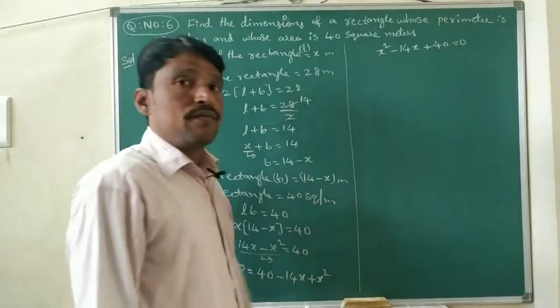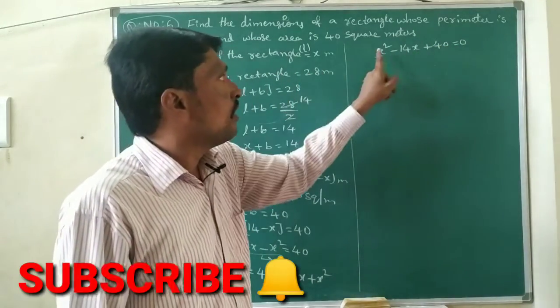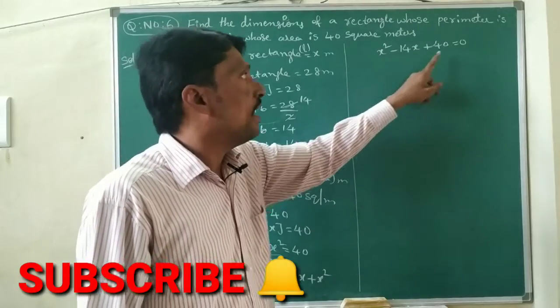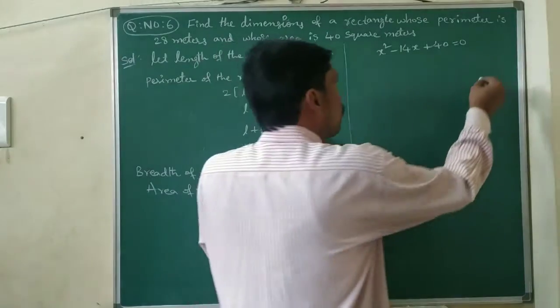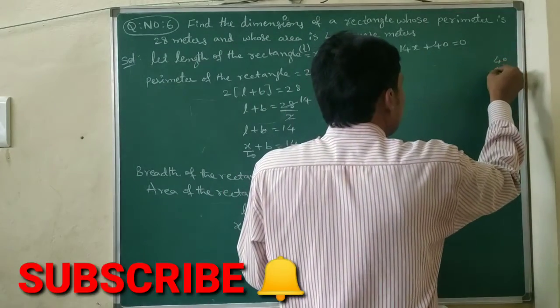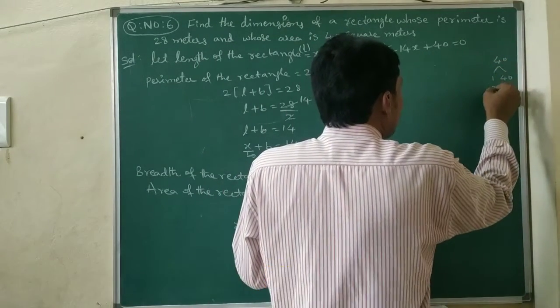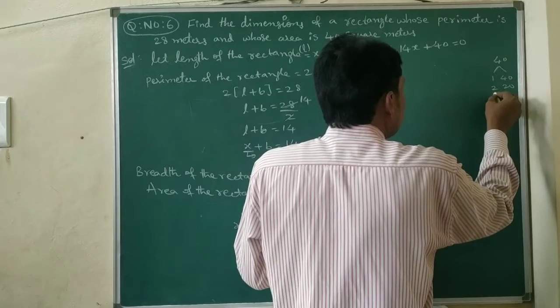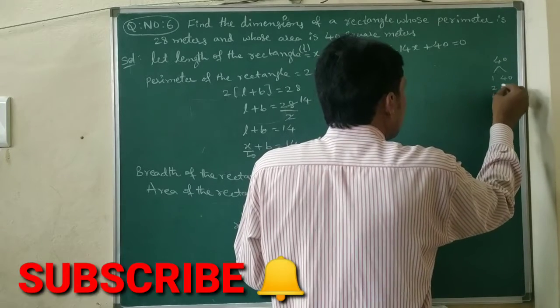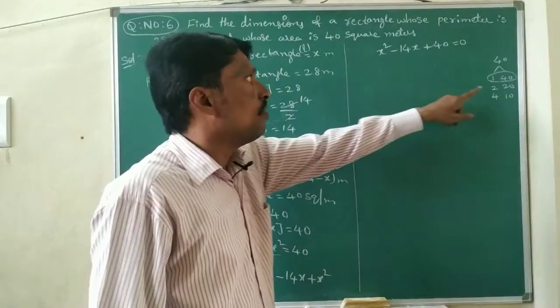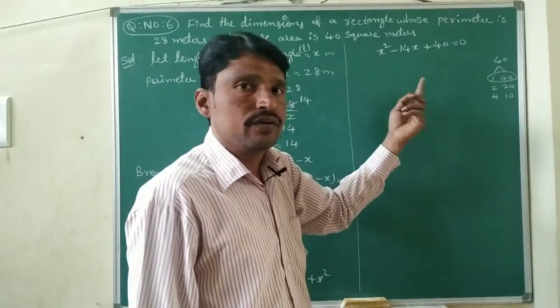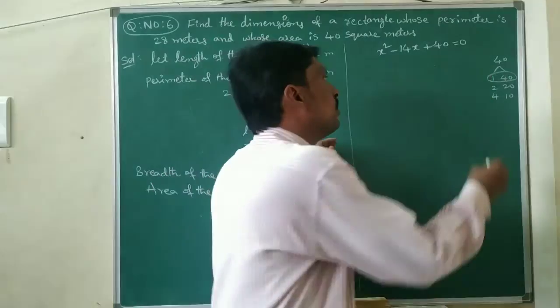Now we are using the factorization method. The x square coefficient is 1 and the constant term is 40. 1 into 40, 40. How many ways can we write 40? 1 40s are, 2 20s are, 4 10s are. We are adding or subtracting to get 14. 40 plus 1 is 41, 40 minus 1 is 39.